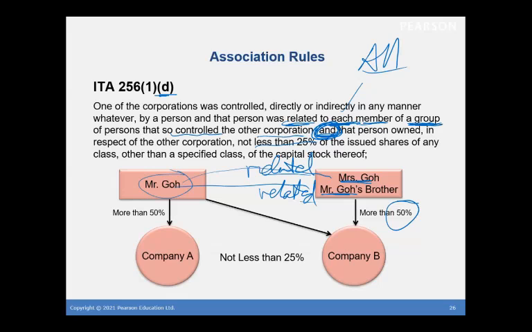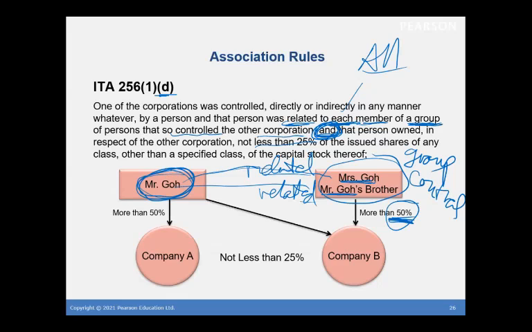So Mr. Go is related to everybody in a group that controls. It doesn't have to be every shareholder, just everyone in this group. This is what we would call a control group, because they hold together more than 50%.